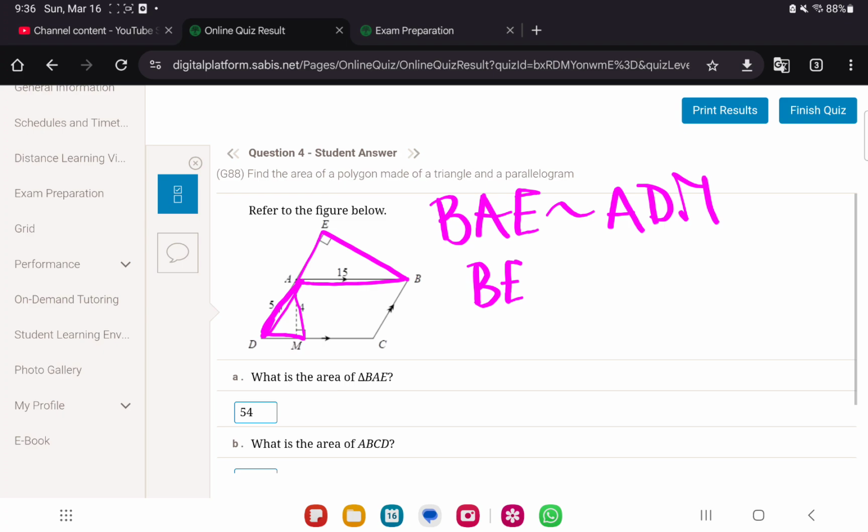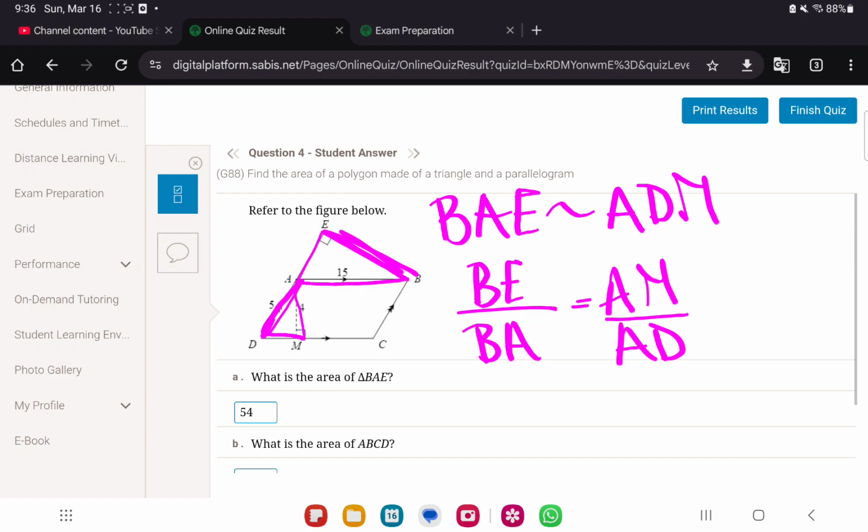So BE over BA equals AM over AD, okay? Because BE here is the right side of the triangle. And here AM is the right side of the triangle.